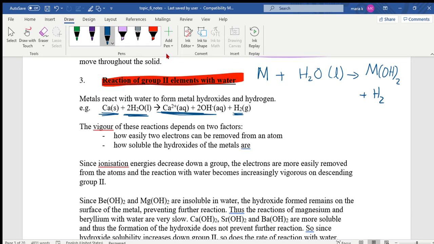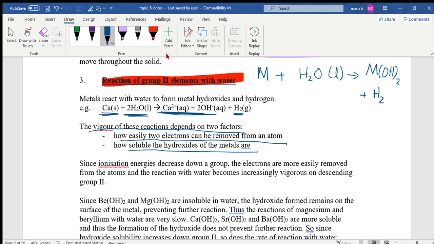The vigor of these reactions depends on 2 factors: how easily 2 electrons can be removed from an atom, and as we said, as we go down the group, these electrons are held less tightly to the nucleus, and so they're going to be easier to remove. So as you go down, it's going to be easier and easier to have that reaction, and how soluble the hydroxides of the metals are.